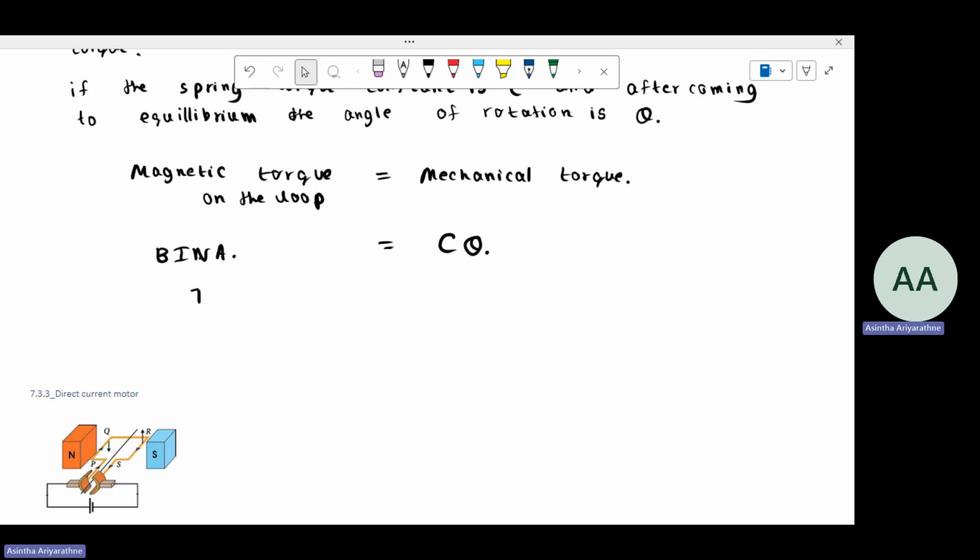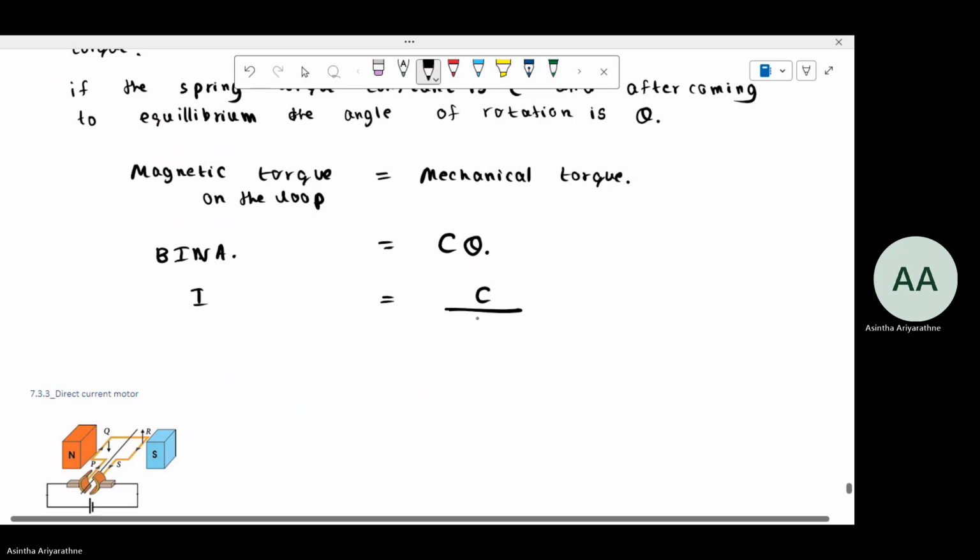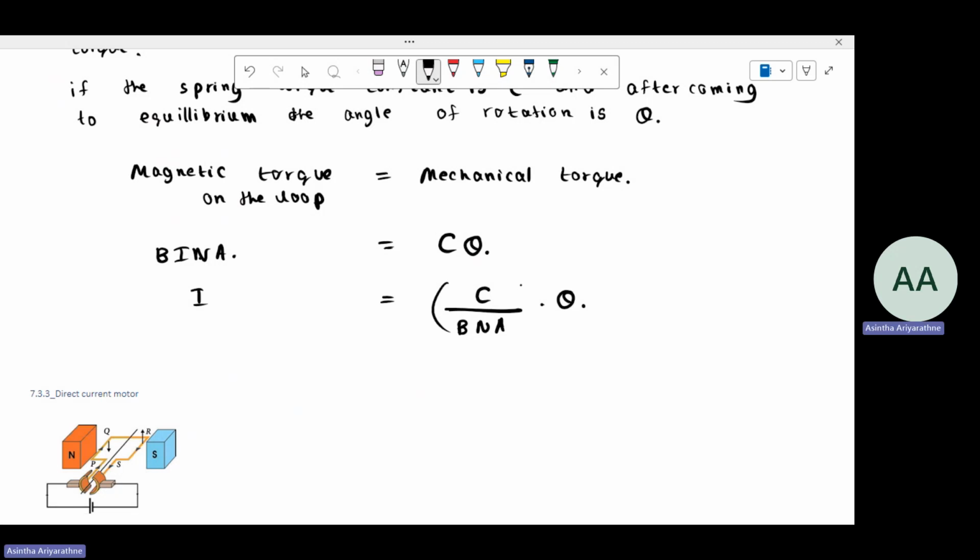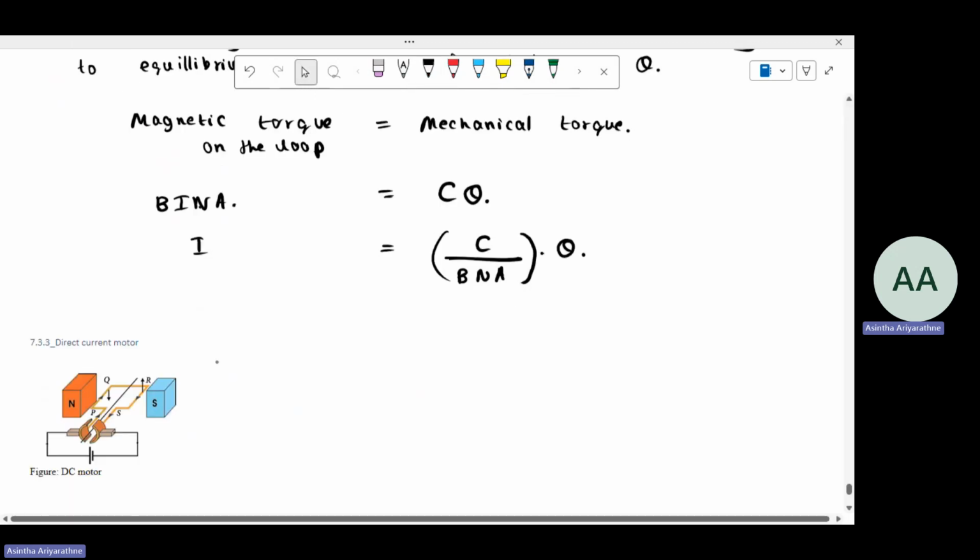So I is C theta over BNA. C is a constant, B is a constant, N is the constant number of turns, A is a constant. So I is proportional to theta, right?